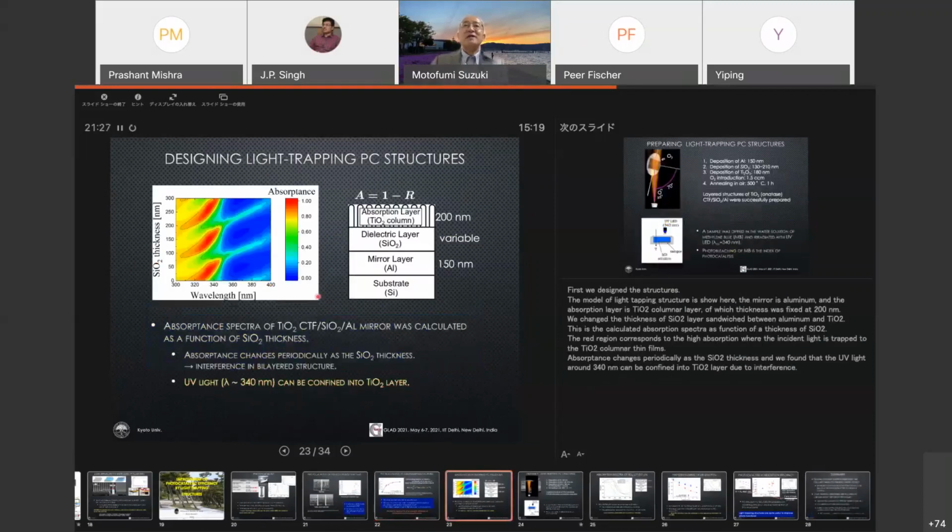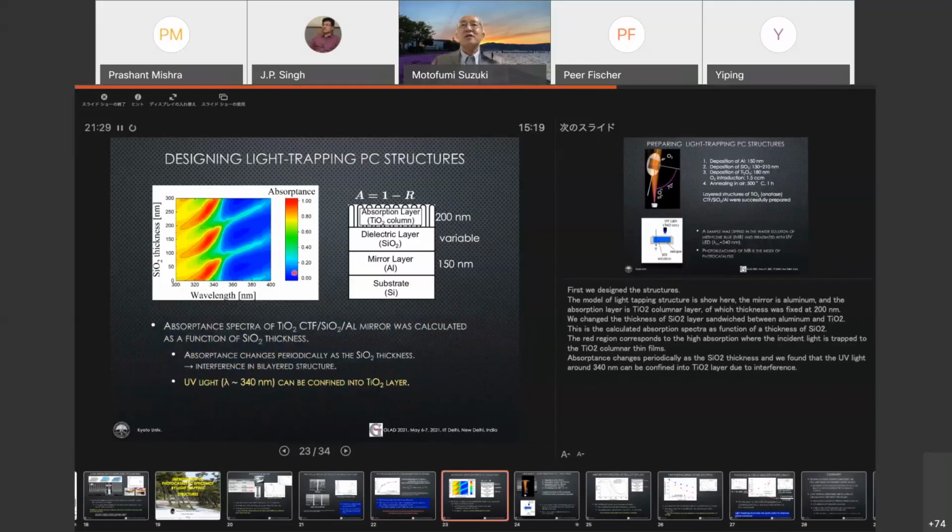First, we designed the structures using model calculation. The model of the light trapping structure is shown here. The mirror is aluminum, and the absorption layer is a TiO2 columnar layer, of which the thickness was fixed at 200 nanometers. And we changed the thickness of the SiO2 layer sandwiched between the aluminum and the TiO2.